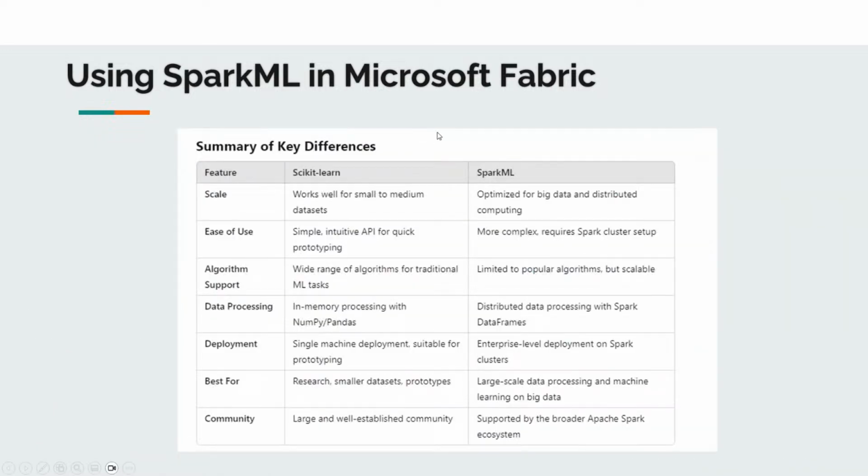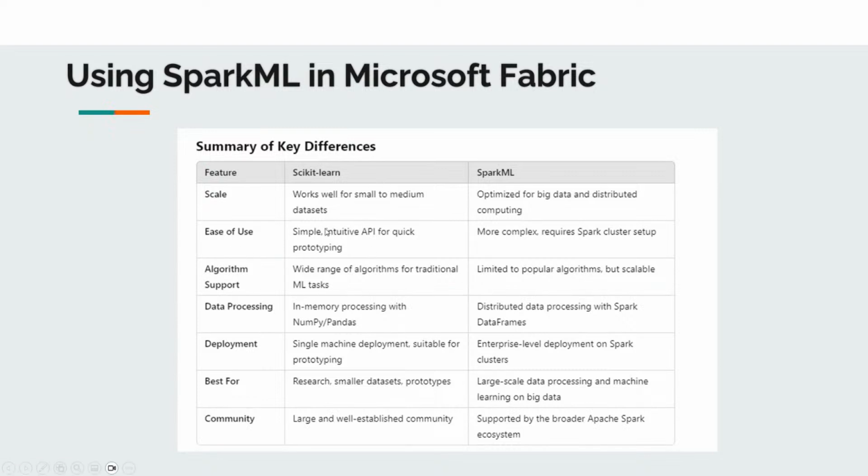So comparing the key differences between scikit-learn and Spark ML, the scale is one, talked about. Scikit-learn is really good on small to medium data sets, where Spark ML is optimized for big data sets and distributed computing. You may even start with a subset of the big data set and work with it in scikit-learn to see what the best machine learning algorithms might be.